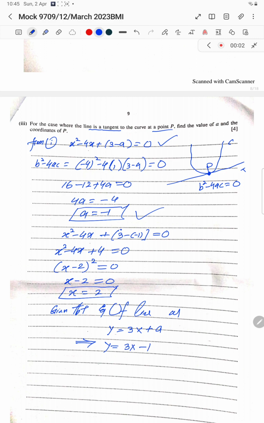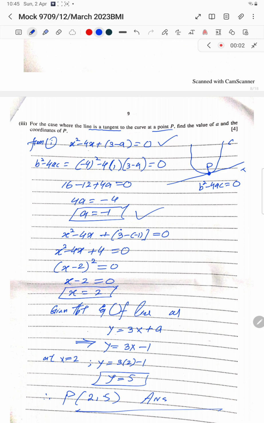Now replace x with 2, so at x equals 2, y equals 3 times 2 minus 1, y is 5. So the required coordinates of P are (2, 5), and this is the final answer for question number 6.